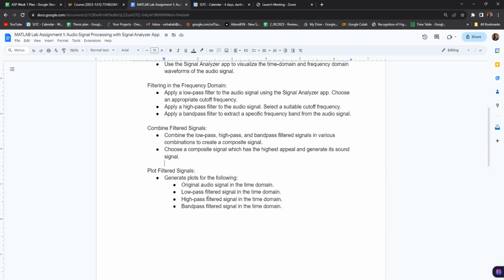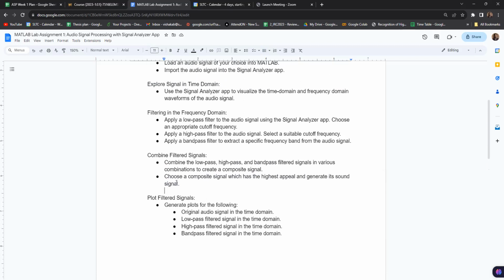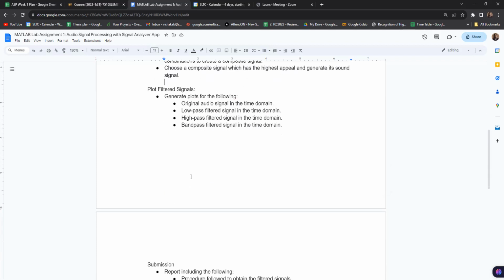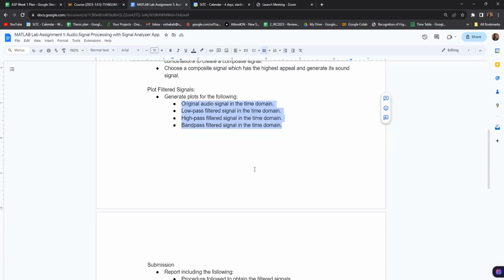So you need to do the signal analyzing part in the signal analyzer app. After that, the filtered signals, you can try to evaluate their sound signal using the MATLAB code. And then you have to show the filtered signals in the signal analyzer app window.